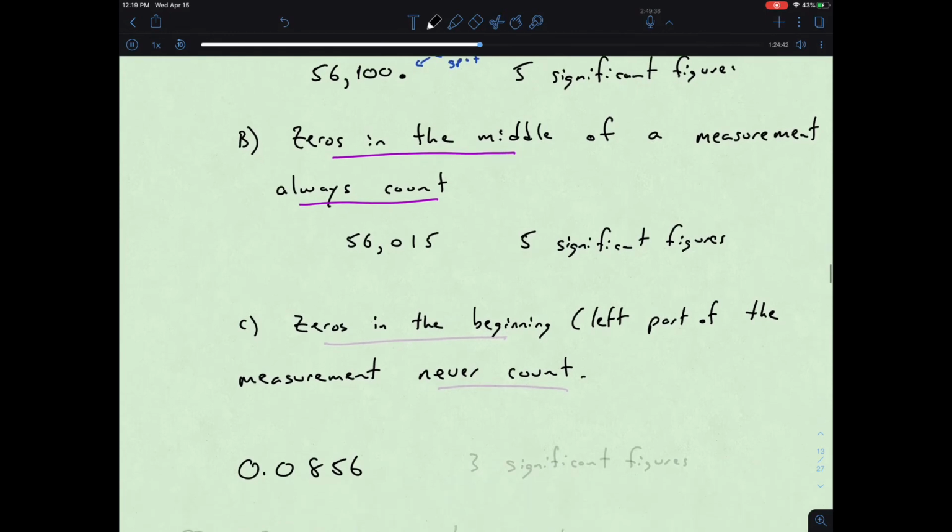If I have 0.0856, this is only 3 significant figures. These zeros at the beginning do not count in terms of that measurement because we could just move the decimal spot around. So that's the deal with zeros. Zeros at the beginning never count. Zeros in the middle always count. And zeros at the end or the right of the number, well, you got to be really careful and keep an eye on that decimal spot.